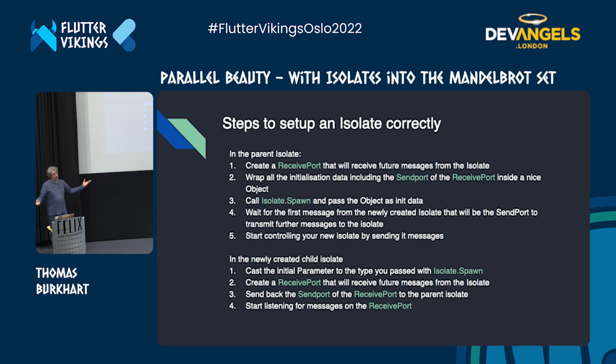Then you pack all your initialization data and the send port that is connected to this receive port into an object and pass it via isolate spawn to the newly created isolate. Then you wait for the first message that you get from the isolate, and from there on you can start controlling the isolate over the port.